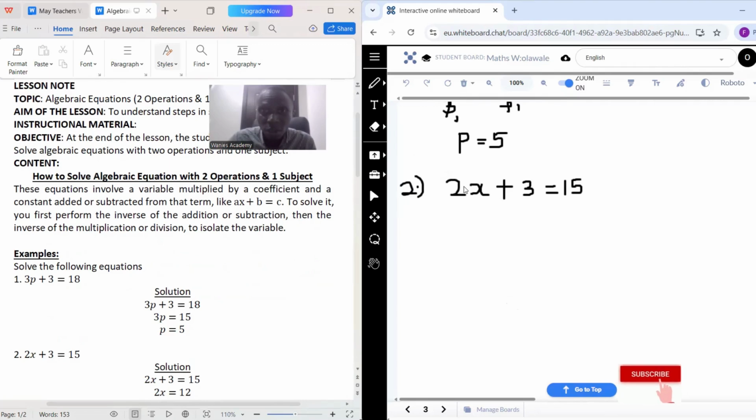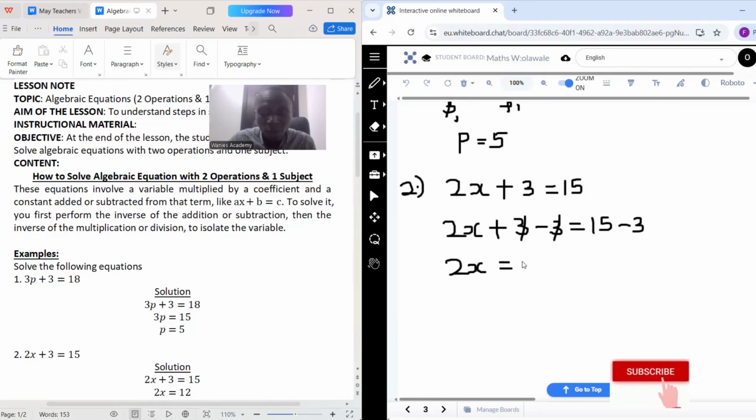So we're going to have 2x + 3 - 3 also equals 15 - 3. Because 3 minus 3 gives us 0, we're going to have 2x = 15 - 3. We're going to have this to be 12.